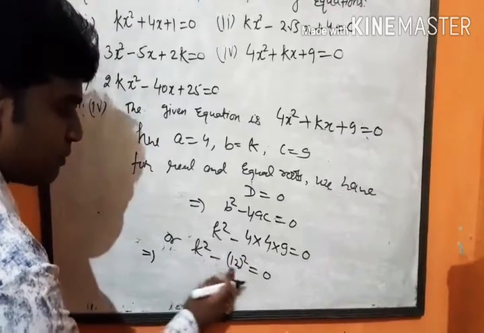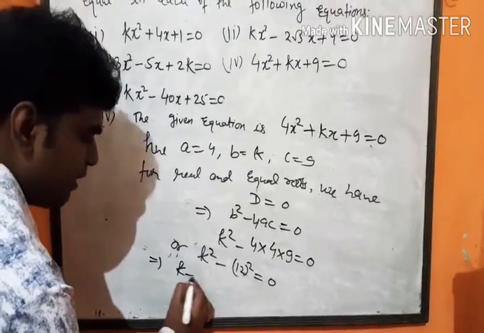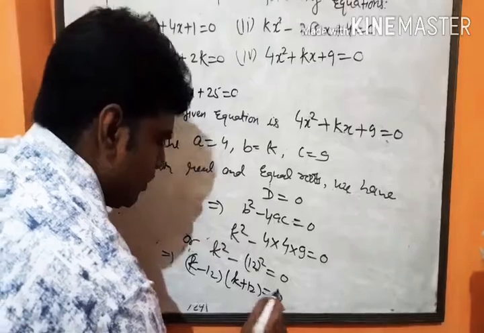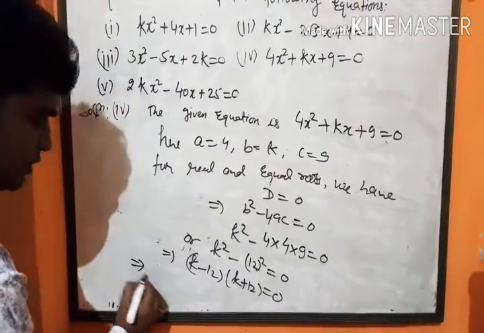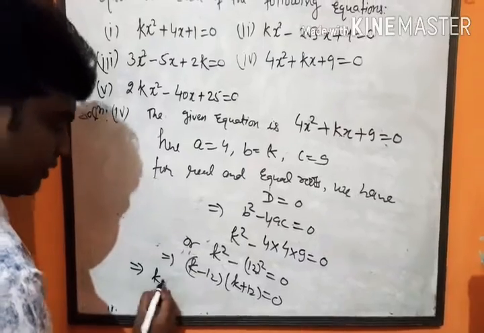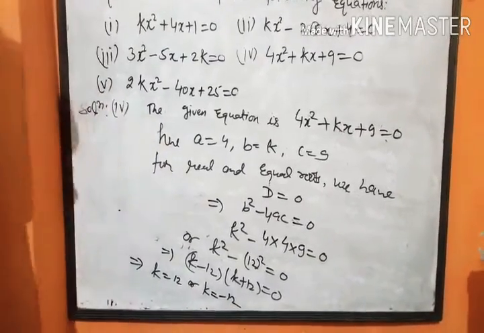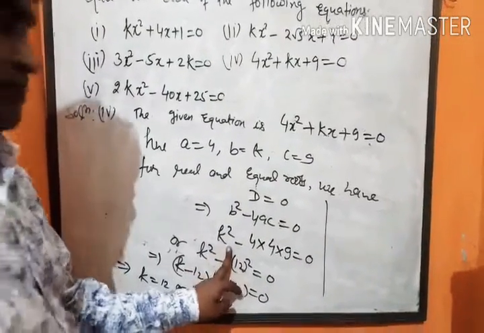So it is of the form a square minus b square. So we have k minus 12 into k plus 12. After factorization we have k minus 12 into k plus 12, and the value of k is equal to 12 or k is equal to minus 12. There is another method.